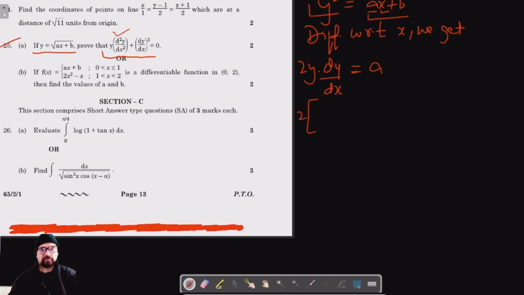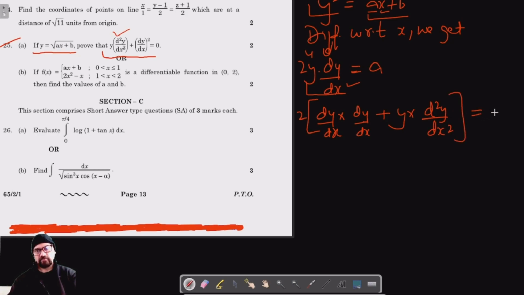Let's take 2 common, and this is u into v, so it's second function into the differentiation of first, which is dy by dx, plus first into the differentiation of the second function, which is d square y by dx square.